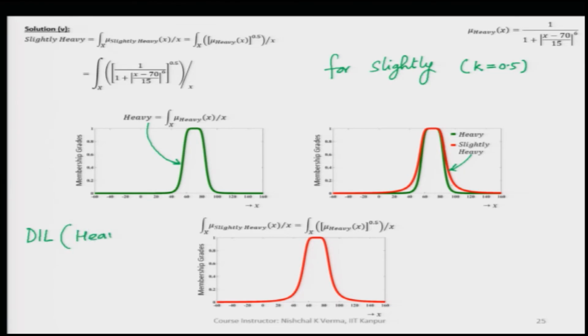So, this is very simple. When we have any primary fuzzy set and we are interested in the slightly of this primary fuzzy set, we dilate. This is going to give us a fuzzy set like this. So, dilation of heavy is going to give us the slightly heavy.